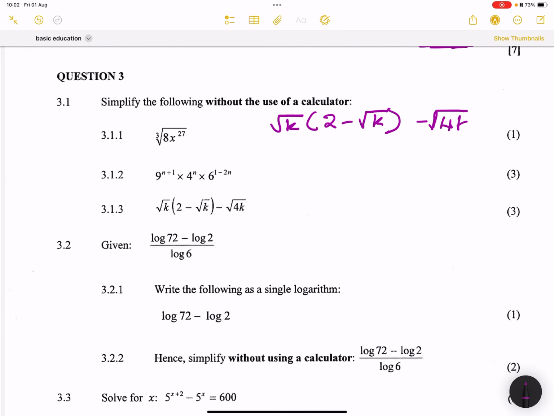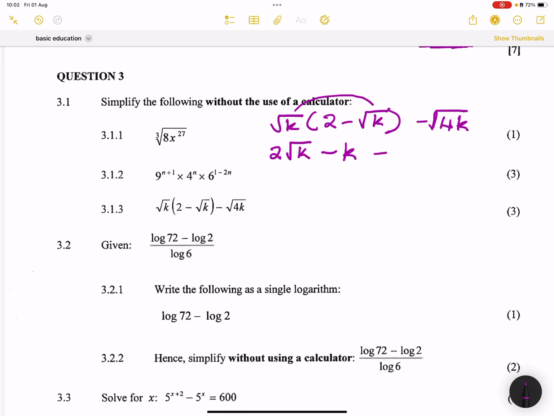Right, so this would be 2 multiplied by root k would be 2 root k. And again, root k multiplied by root k would give us k. Now remember, when I multiply the square roots of the same thing together, they give me whatever is under the square root. The square roots cancel, so I've got minus k.